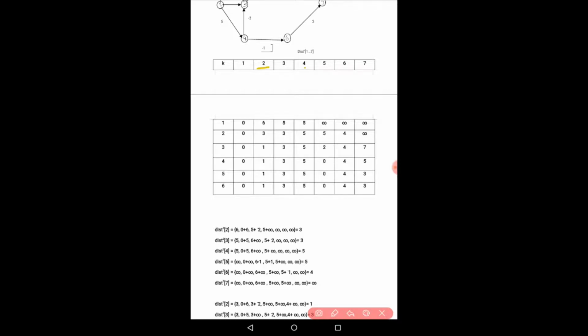So for writing this value, filling this cell, I have to consider this vertex, this value, and from all the other vertices also, all the other vertices distance value I had to consider for filling the cell here.